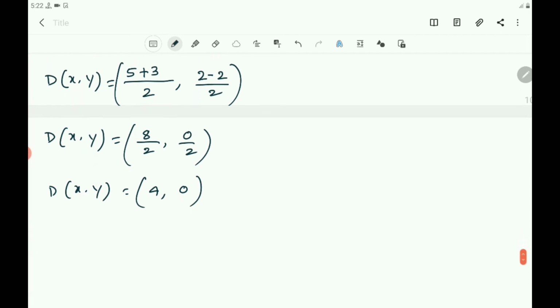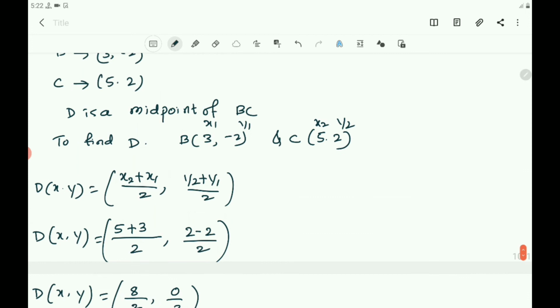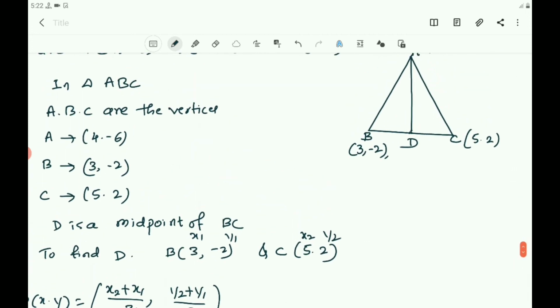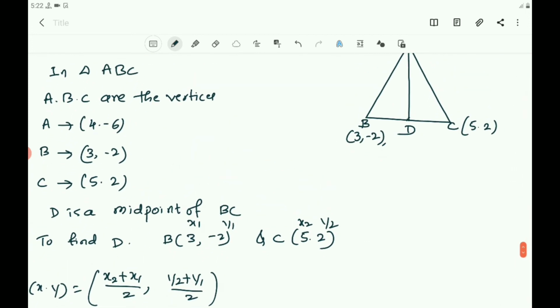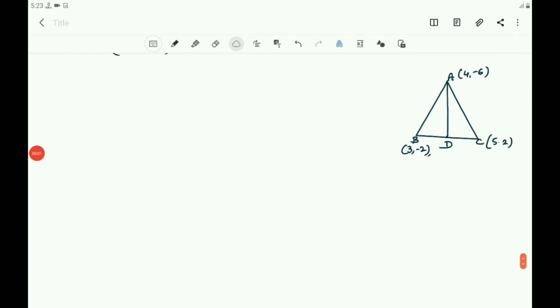Here you got the coordinates of D, which is the midpoint of BC. Now you got the coordinates of the midpoint, that is (4, 0).